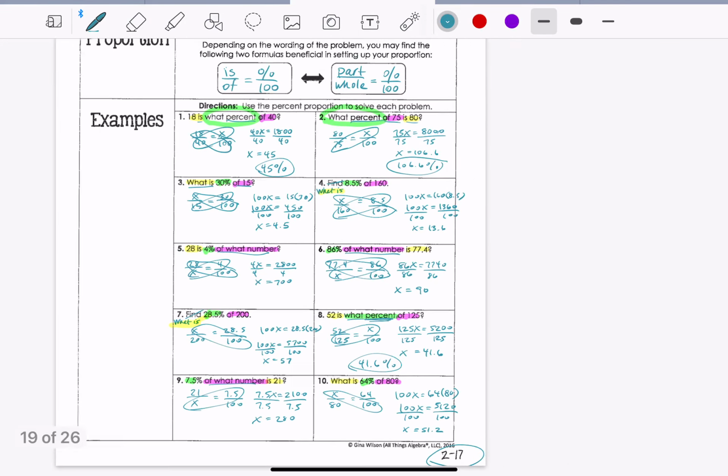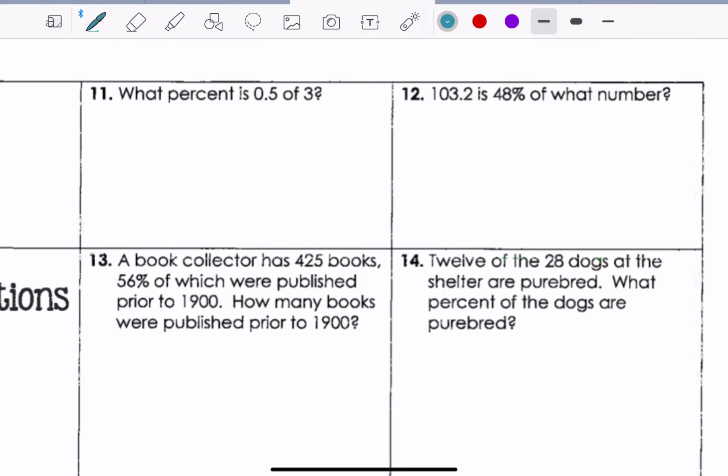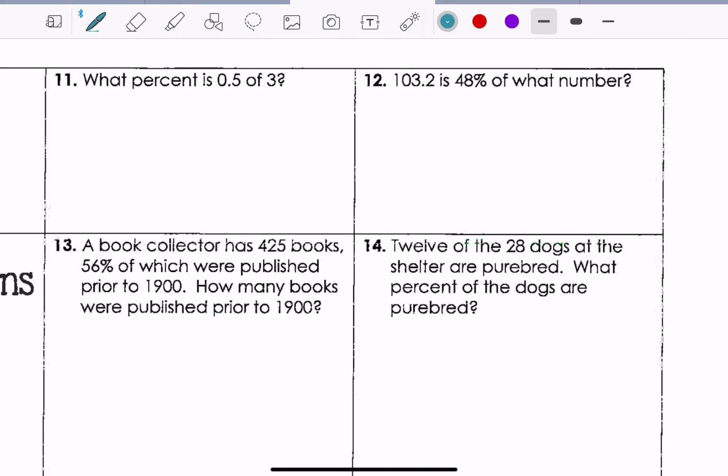Let's take a look at the next page. We've got a couple more up here to finish. So I'm going to do the same process. I'm going to highlight my is, I'm going to highlight my of, and then it turns out the percent is what I'm missing. So my is on the top is going to be 0.5 over 3 equals x, because I don't know the percent, over 100.